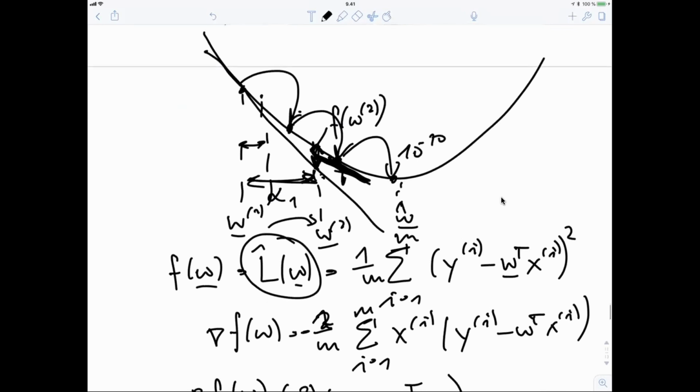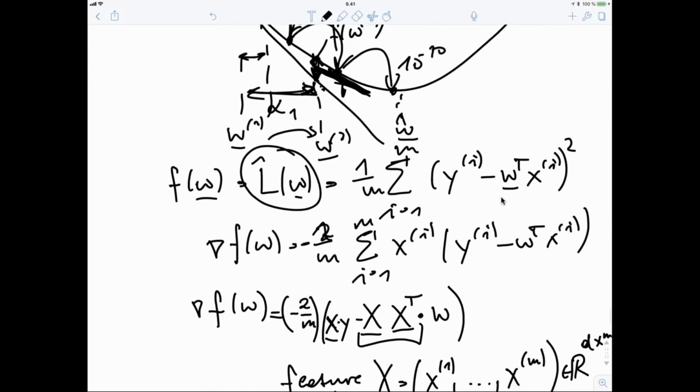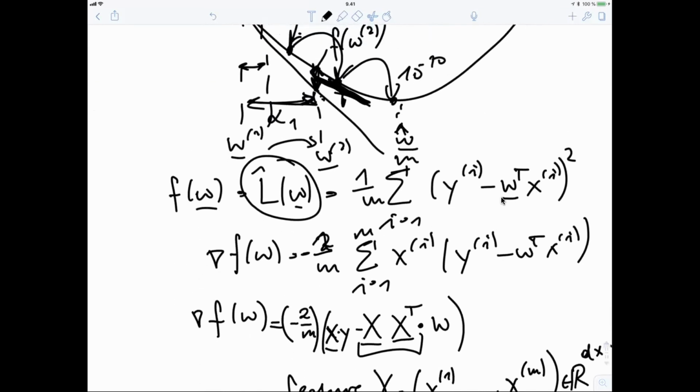Yet another option is to remember that the ultimate goal of machine learning is not to find the optimum of the training error, so the weight vector that minimizes the training error, but actually to find the weight vector that minimizes the risk. One way to estimate the risk, other than the training error, is to use a validation error.